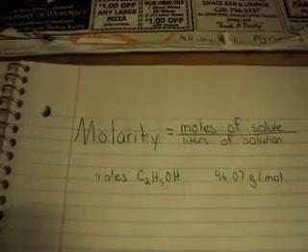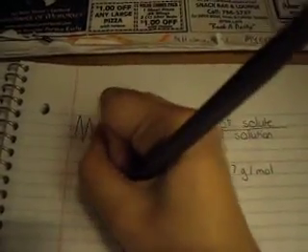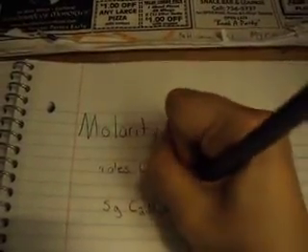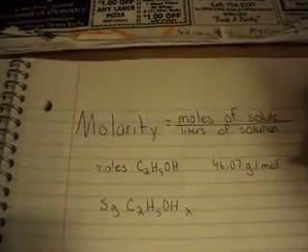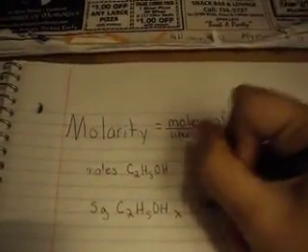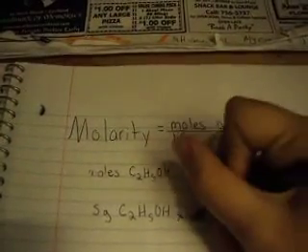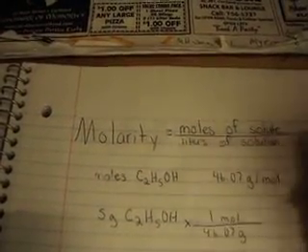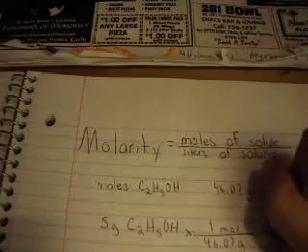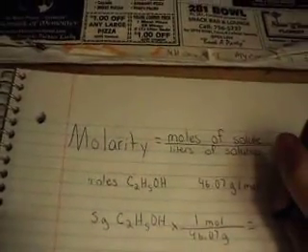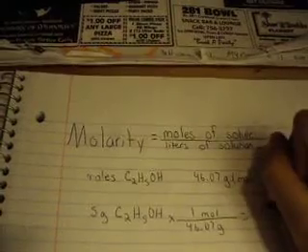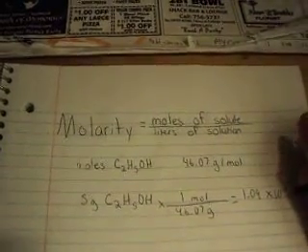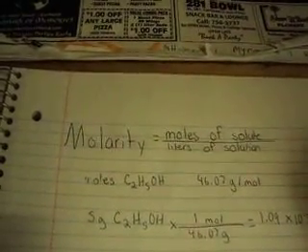Now, we know we have 5 grams of ethanol times 1 mole of ethanol over 46.07 grams. This gives us 1.09 times 10 to the negative 1 moles of ethanol.